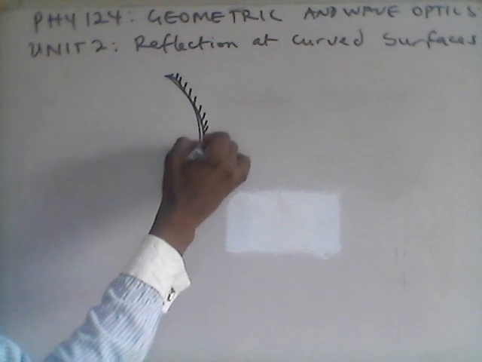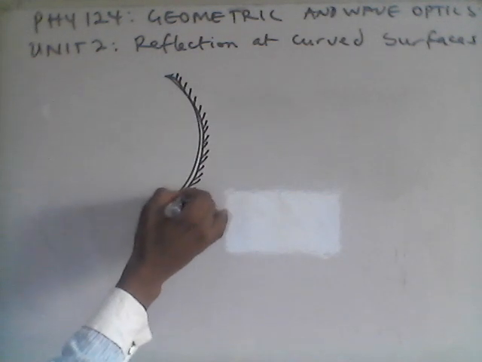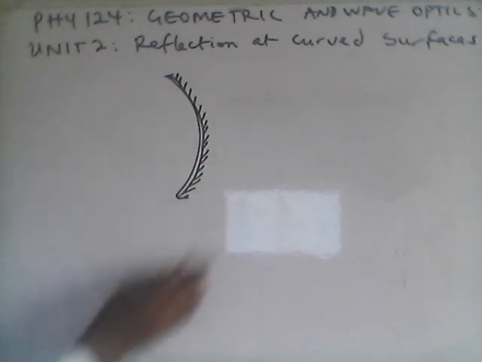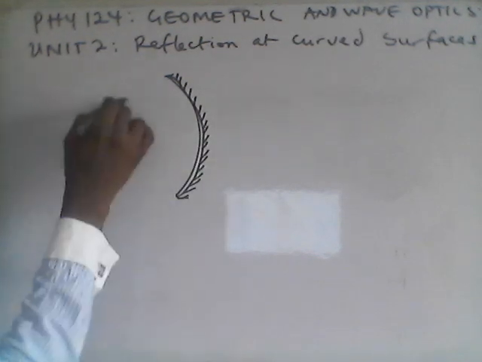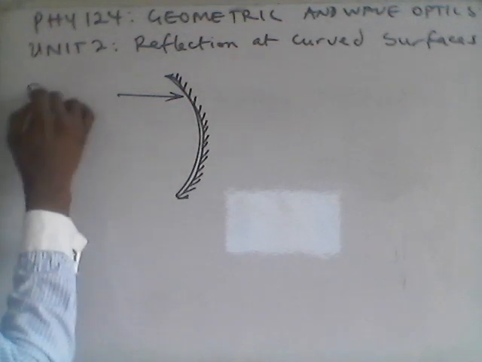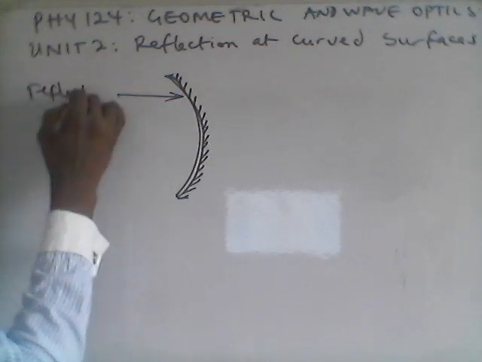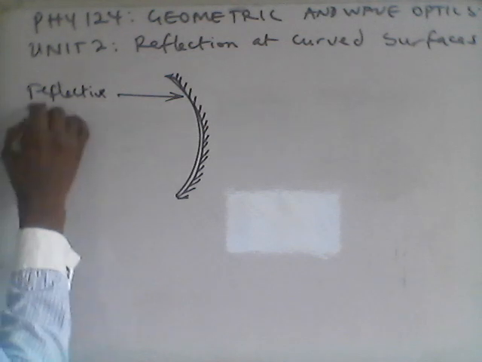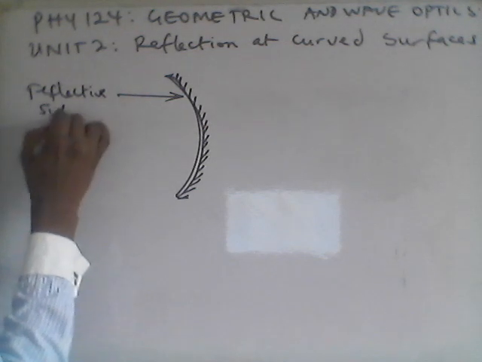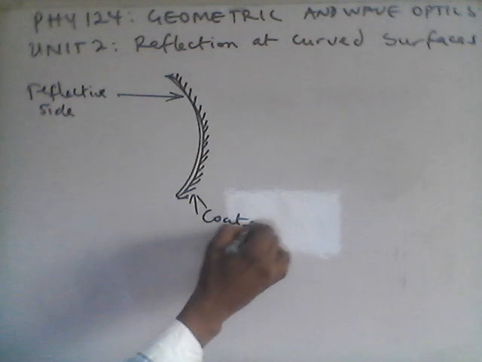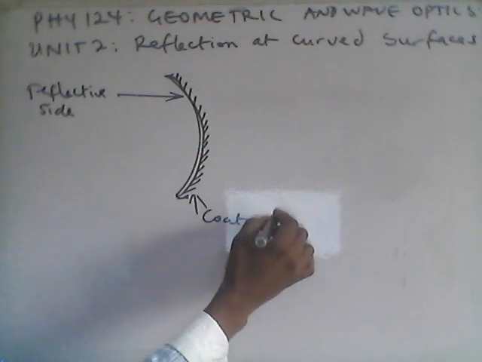The coated side absorbs rays so that they do not go in. So you have the reflective side and the coated side. The coated side is coated with silver lining.